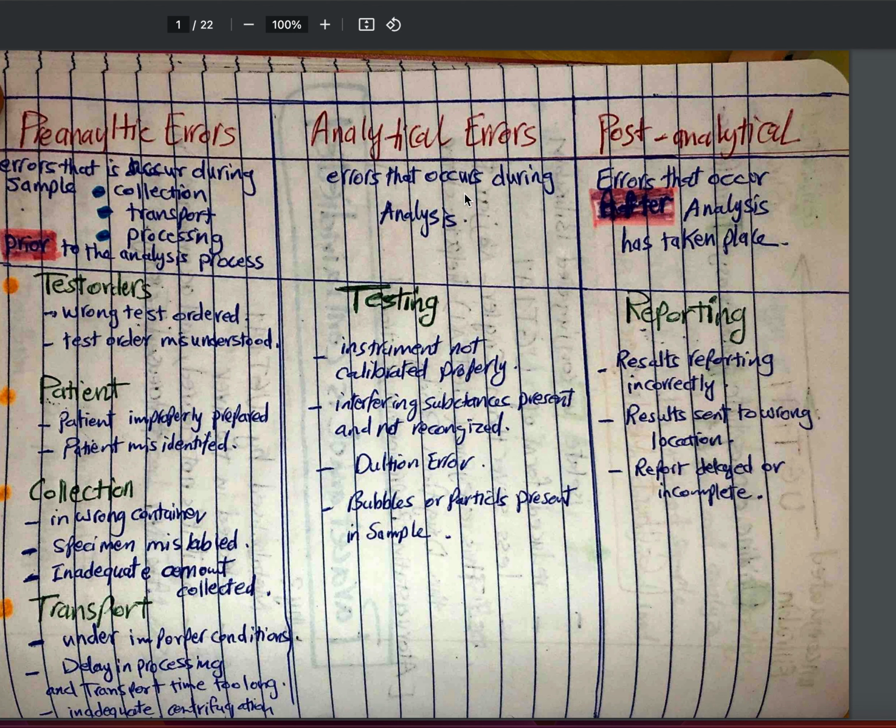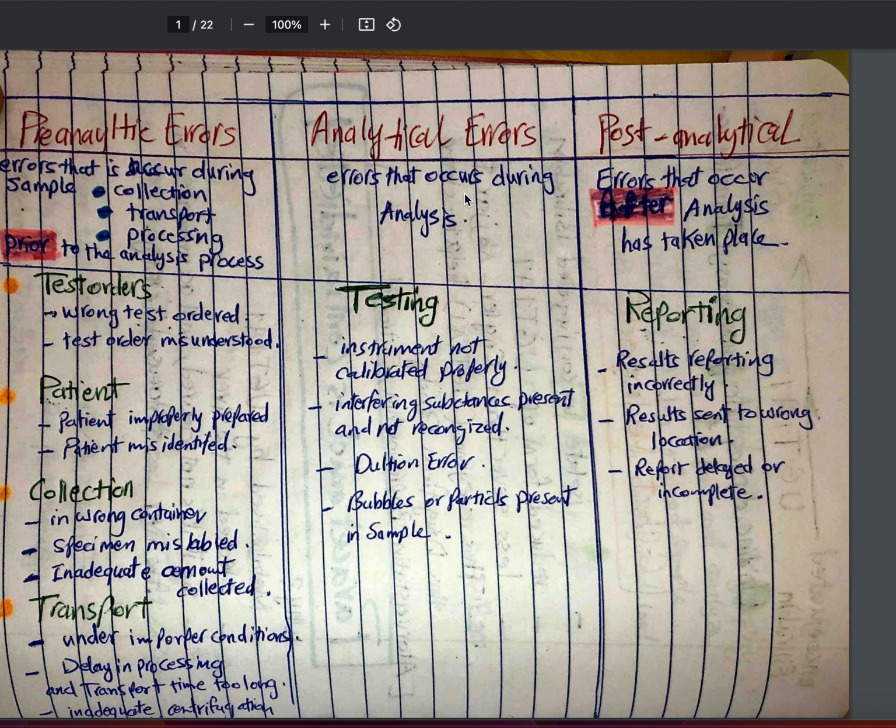Sometimes it is a dilution error. Like we said, one of the interfering mechanisms of hemolysis was dilution. Sometimes the sample is really diluted, so we cannot measure the analyte specifically. And also bubbles or particles present in the sample.